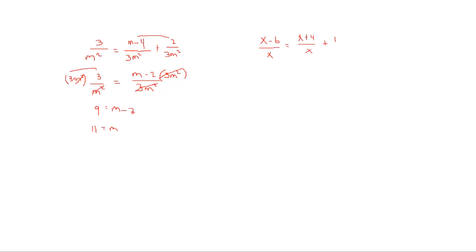We have several different ways that we could solve this. I think what I want to do is rewrite this 1 as x over x, because isn't it true that x divided by x is the same as 1?